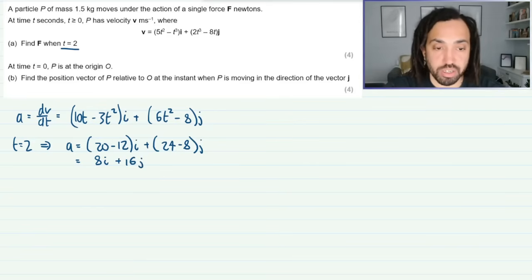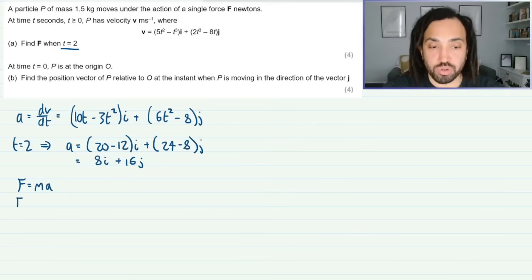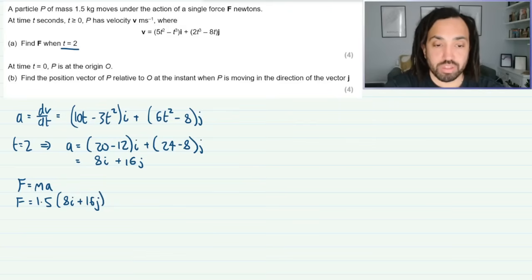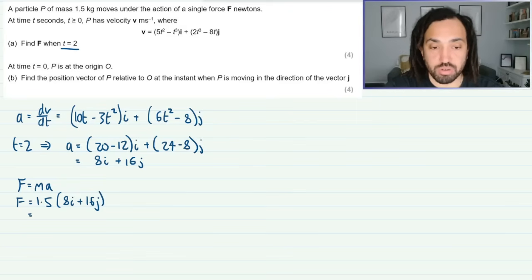Okay, great. So we know that F is equal to ma. If we're looking for the force, then we need to do the mass, which is 1.5, multiplied by 8i plus 16j, which gives me a total of 12i plus 24j.